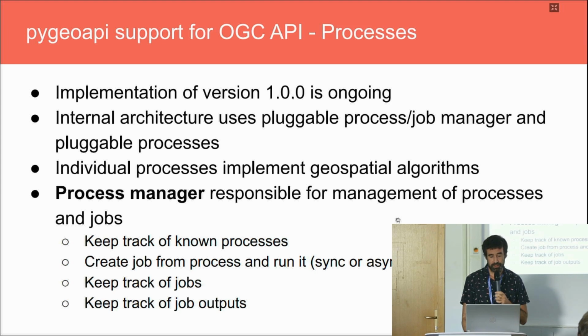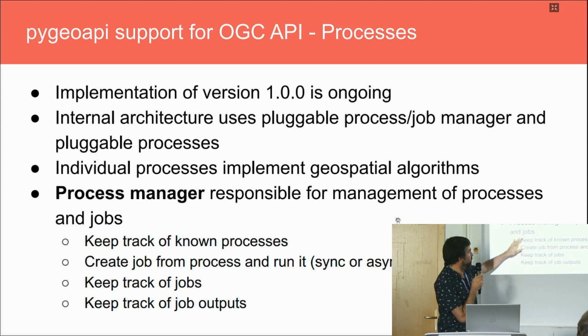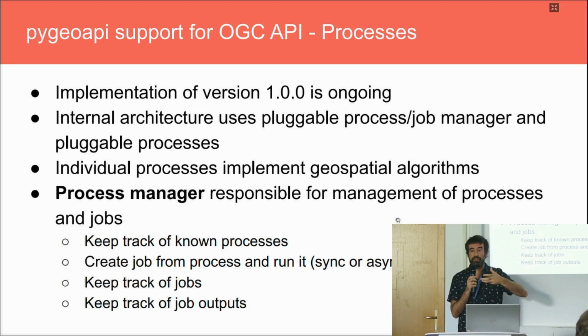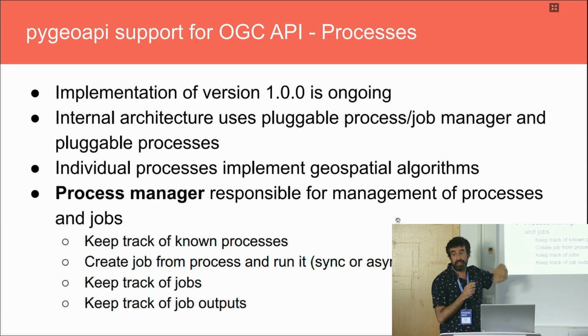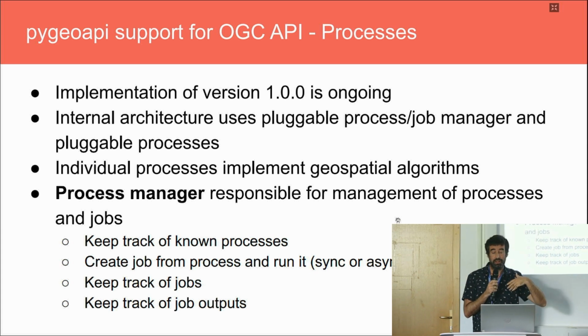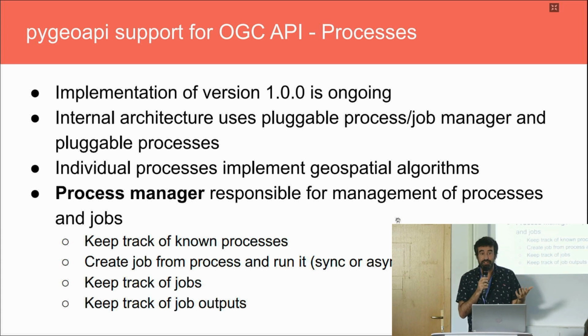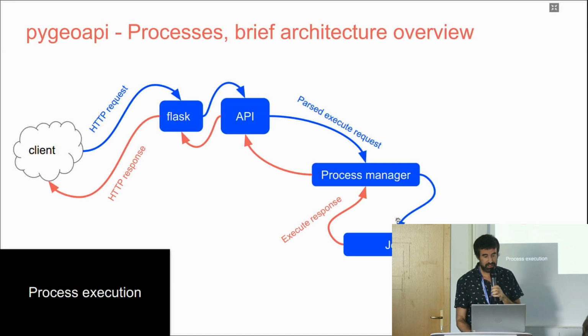The process manager has a number of responsibilities that it fulfills and shields the rest of Pygeoapi from having to deal with these details. Therefore, if we replace it with some other thing that we build, it will still work together with the rest of Pygeoapi. If that makes sense, what I said.